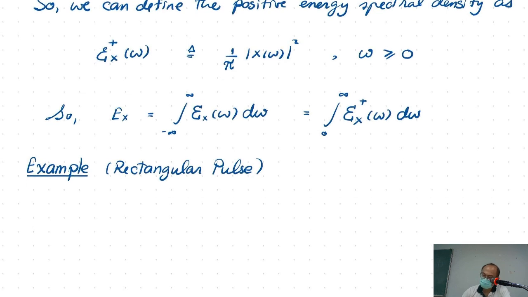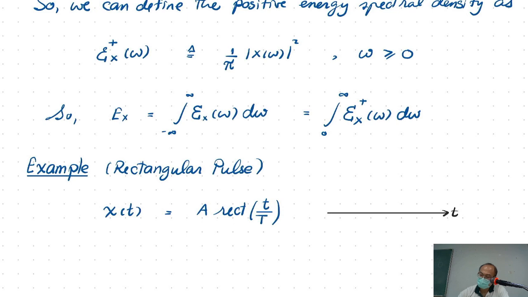A rectangular pulse is a signal defined by a rectangular function of the variable t over the constant T here. Now, if you don't remember, it looks like a box, and the width of the box is capital T.